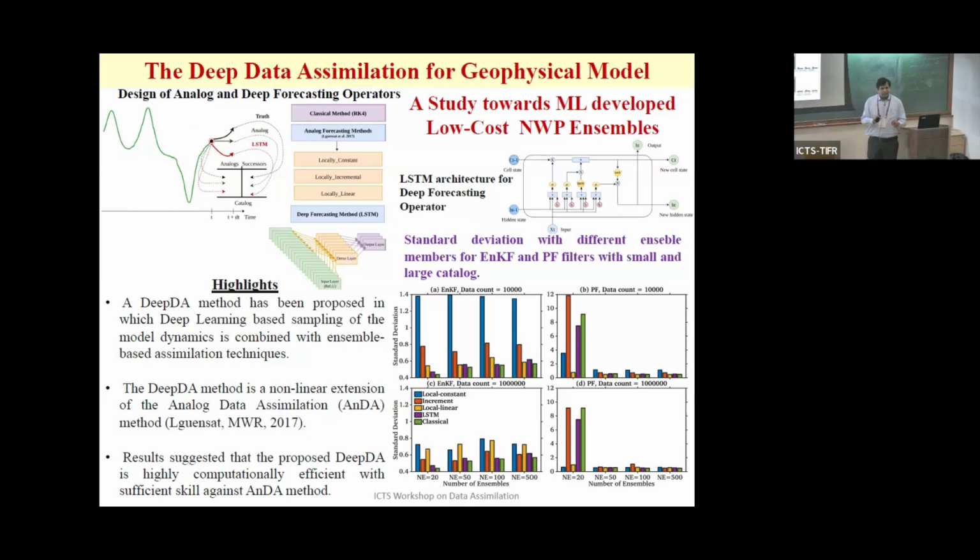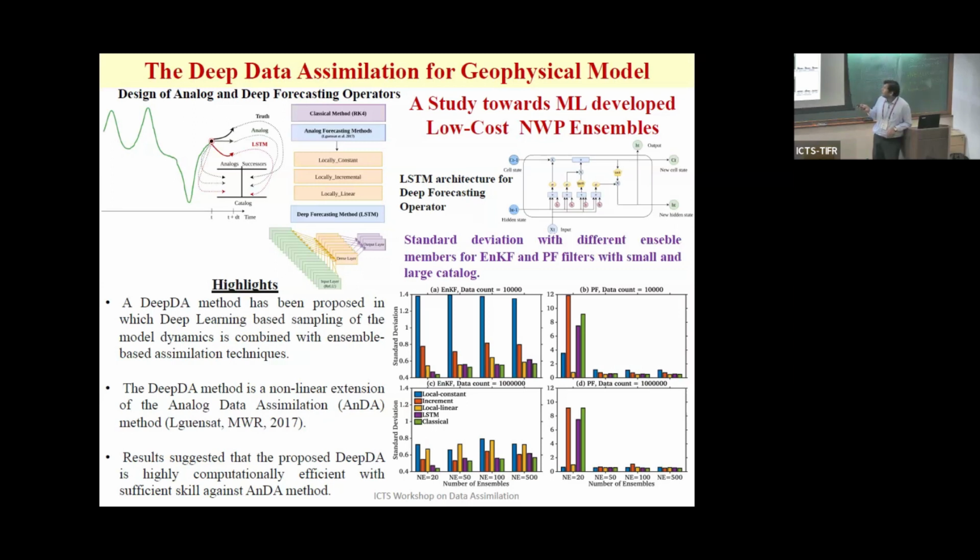He considered a Lorentz model, with xt states considered as analogs. He made a data set of that, and the xt plus 1 data set is considered as the successor. Now he made a relation between xt and xt plus 1, and he defined this as an analog method. In place of using the actual computation, he used a kind of fitting.